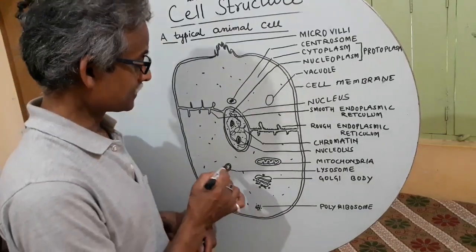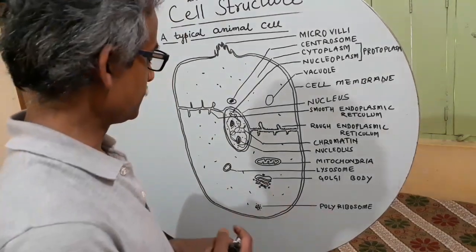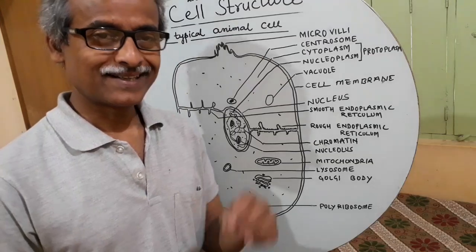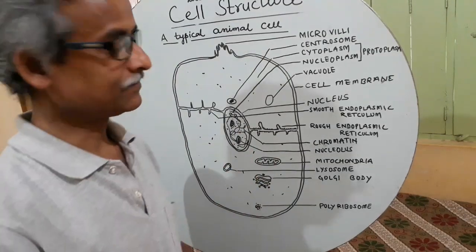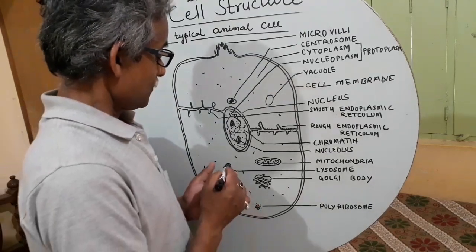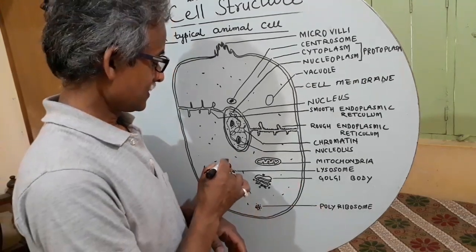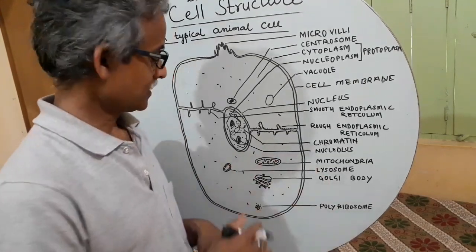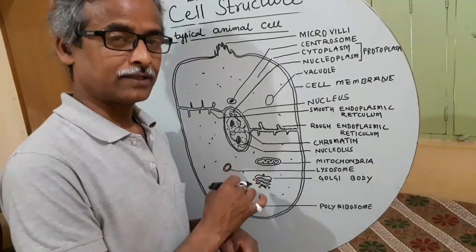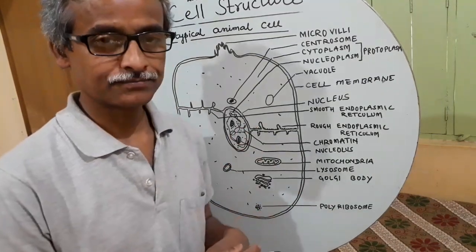There is another structure, bag-like structure or vacuole-like structure, you may say, but it contains enzymes, digestive enzymes. Whenever accidentally its membrane ruptures, the enzyme comes out and digests all the proteins, carbohydrates, fat of the cytoplasm.